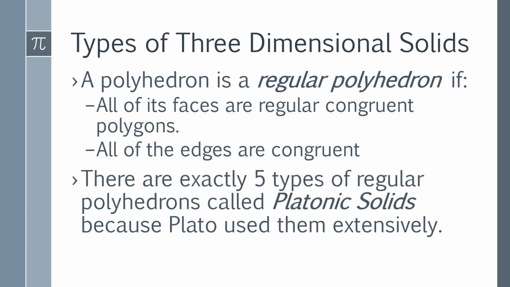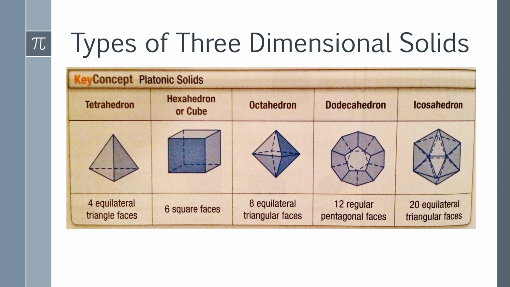All right, so a polyhedron is a regular polyhedron if all of its faces are regular congruent polygons and all of the edges are congruent. There are 5 types of regular polyhedra called Platonic solids because the ancient Greek philosopher Plato used them extensively. He studied them in great depth. So there are 5 of these.